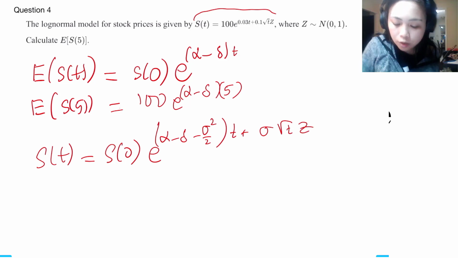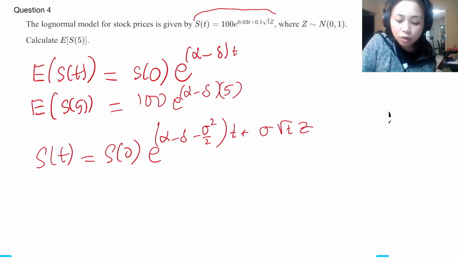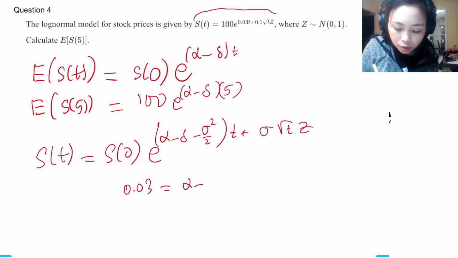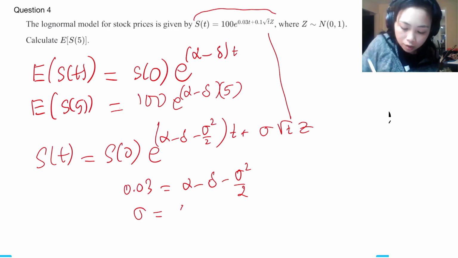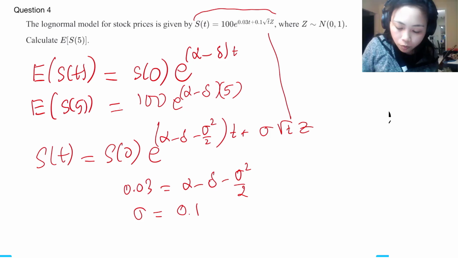And from here we got alpha minus delta minus 0.1 square over 2. And from here we can solve for alpha minus delta, right? It should be 0.03 plus 0.005, and it should be 0.035.